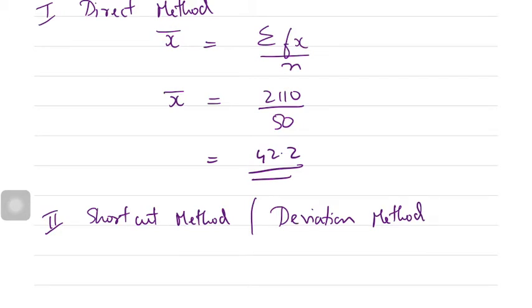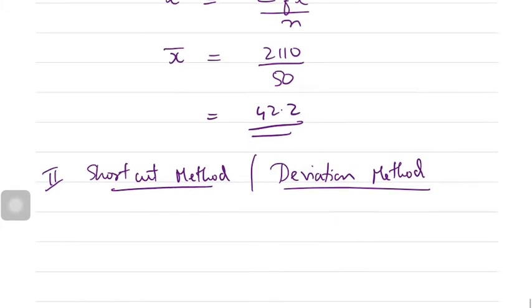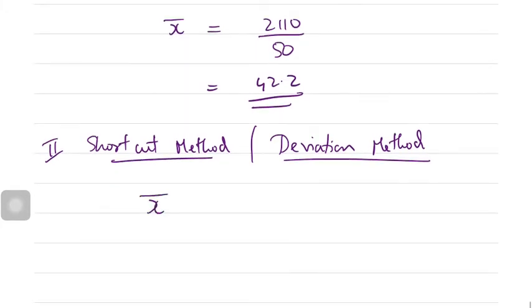The formula for shortcut method or deviation method is arithmetic mean is equal to a plus summation fd upon n. You can put a bracket here to avoid confusion.